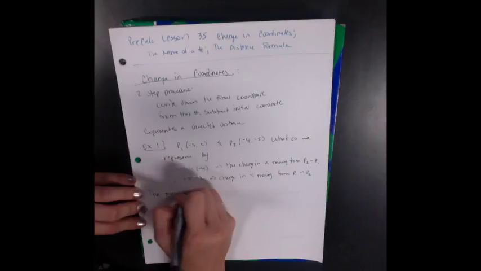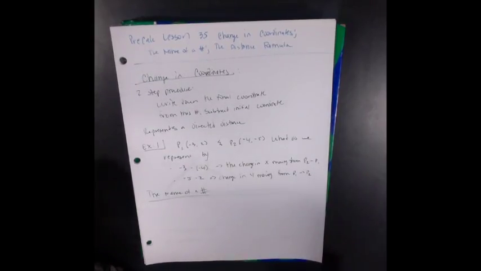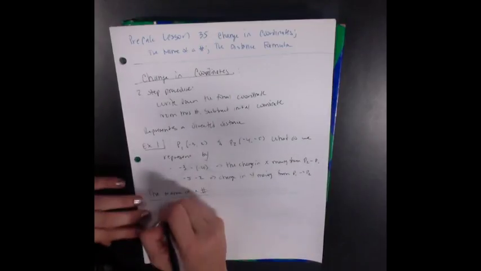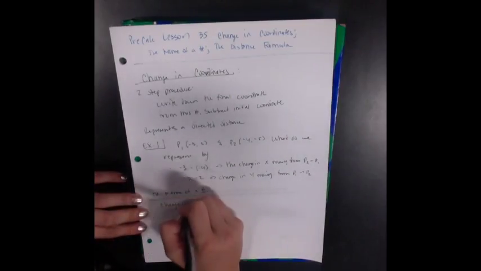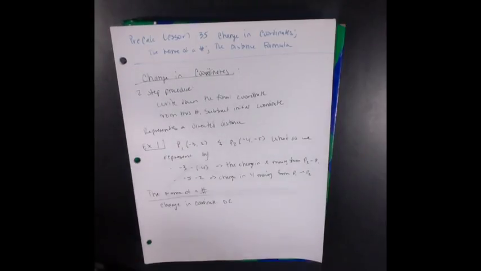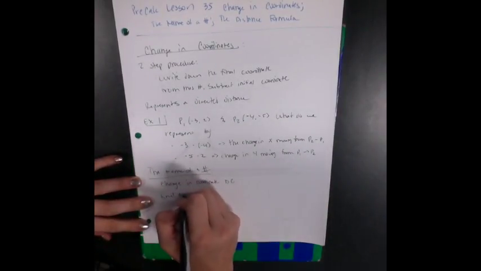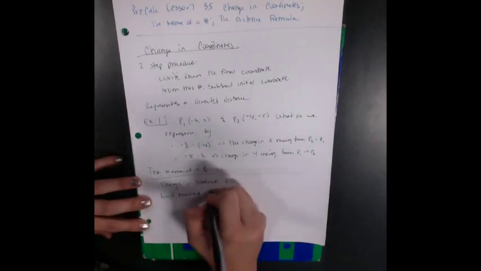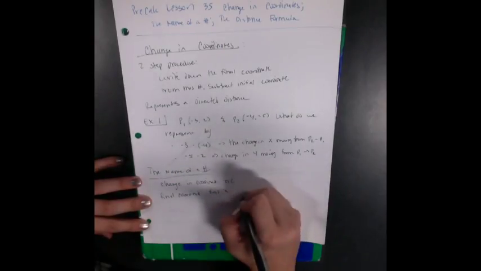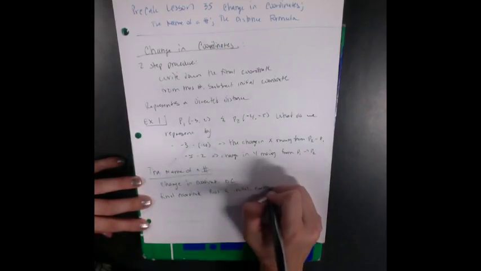Now let's look at the name of a number. Okay, we have our change in coordinate, what we just talked about, as delta C. And in this little formula we're going to write the final coordinate first and the initial coordinate last.